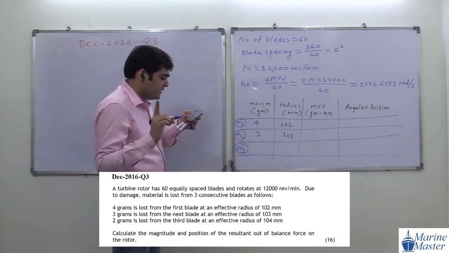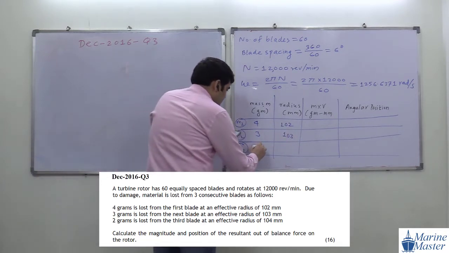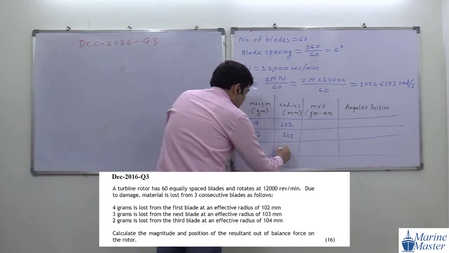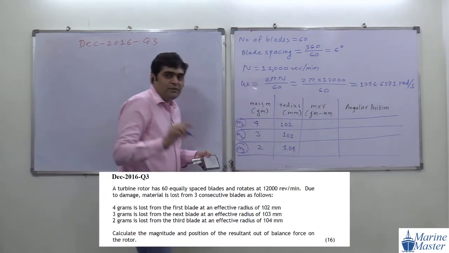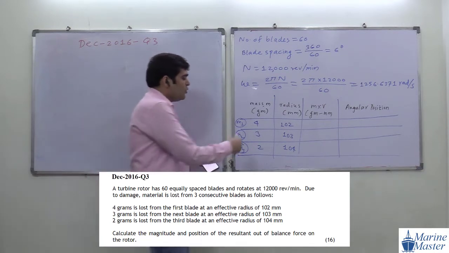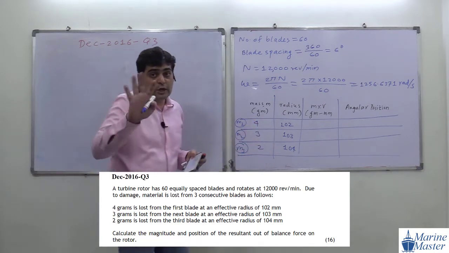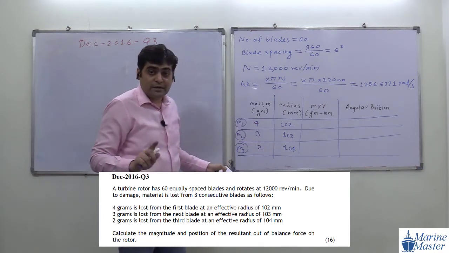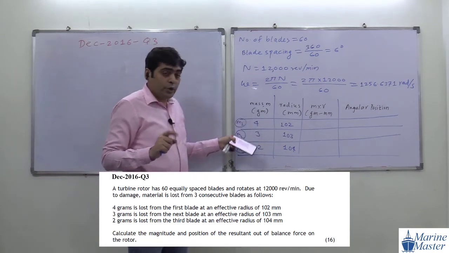Third mass, check it once again guys, 2 gram. Radius is 10 mm. From 3 consecutive blades, we are going to lose this much mass. We are not adding. This is not the mass of the blade; this much mass we are going to lose.